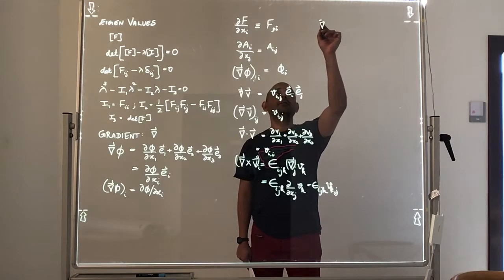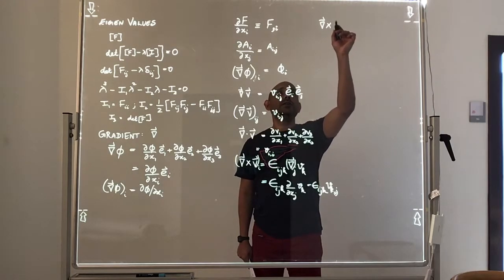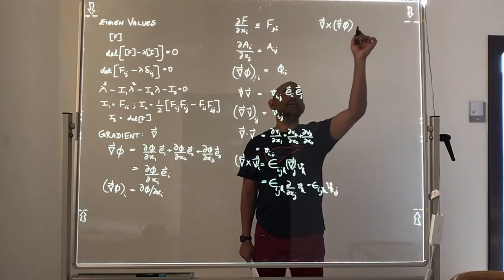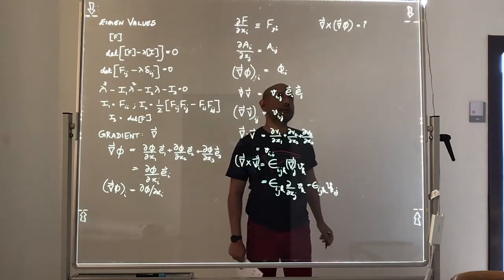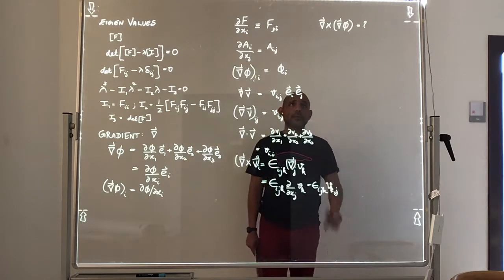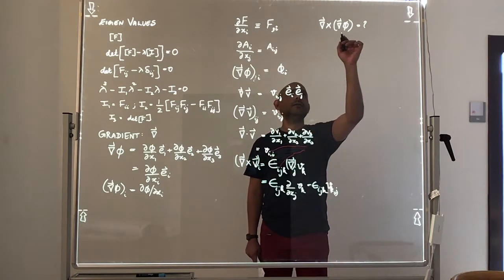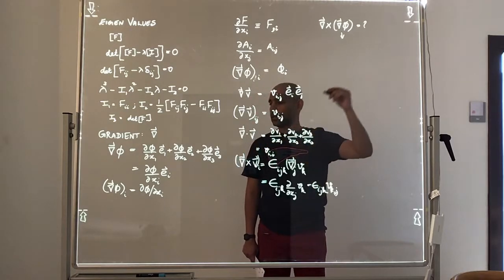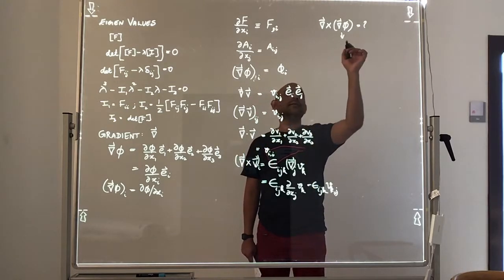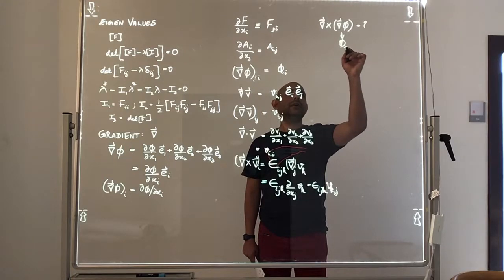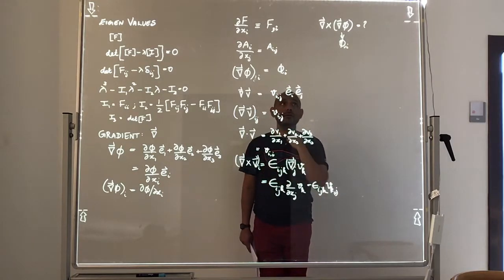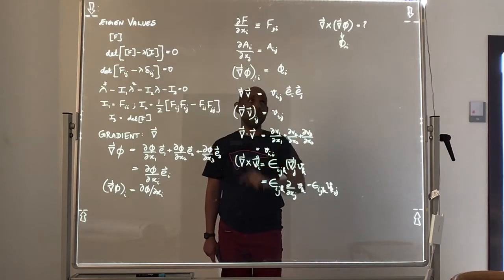So, the rotation of gradient of phi is what? Gradient of phi, we wrote it down somewhere. It is phi comma i. And then we want to take the cross product.